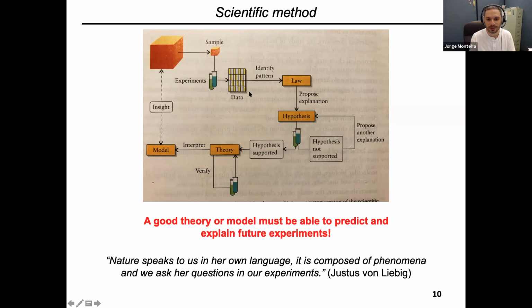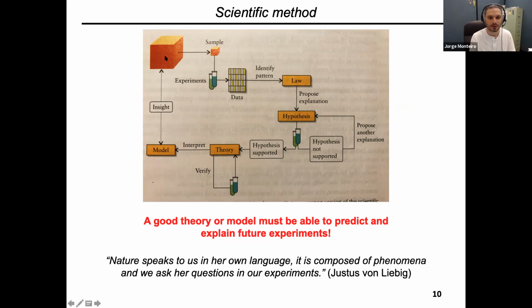With this information, then you are going to identify a pattern. Okay. So nature always has a pattern. With that, you are going to establish a law and propose an explanation to what you have observed. And that's going to be your hypothesis.